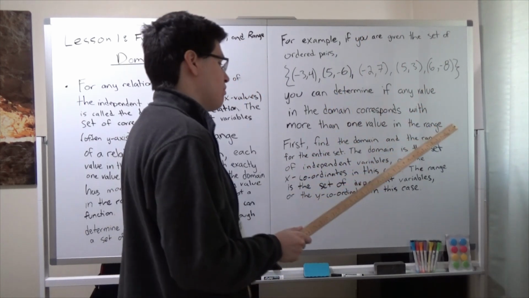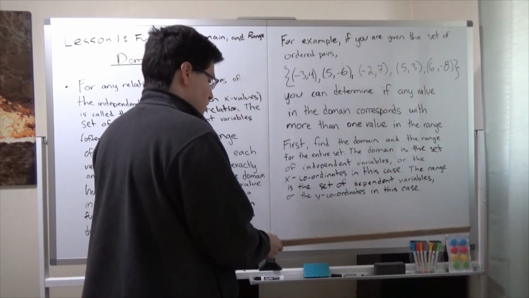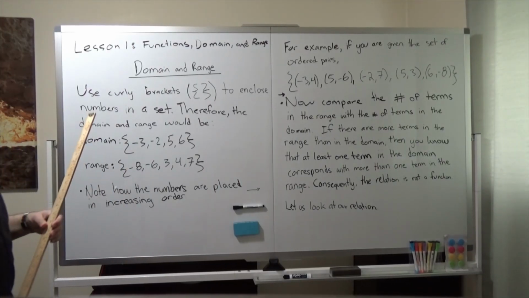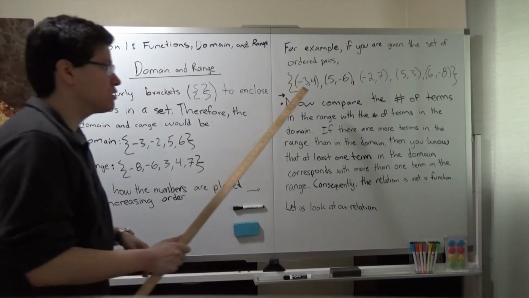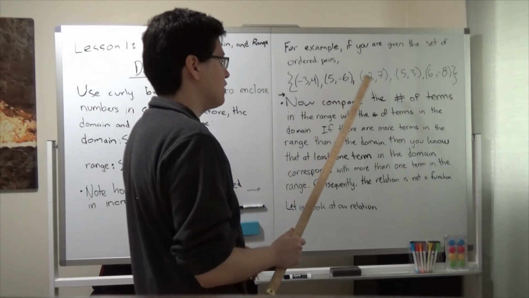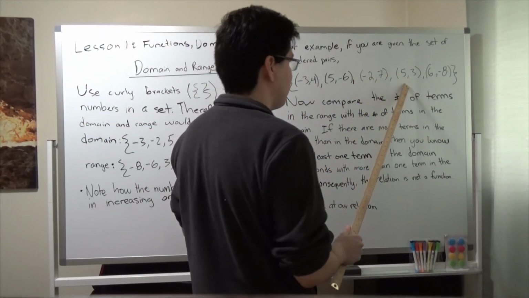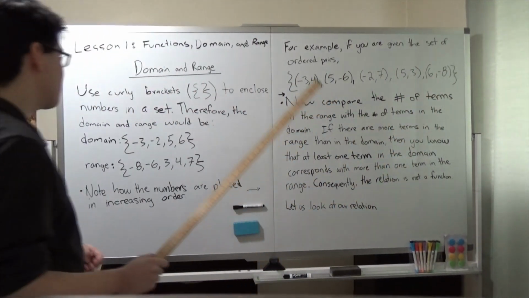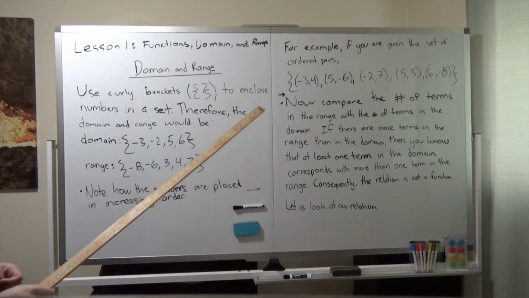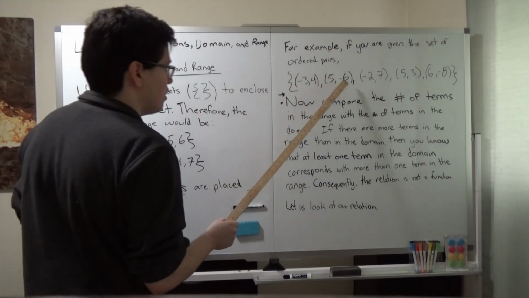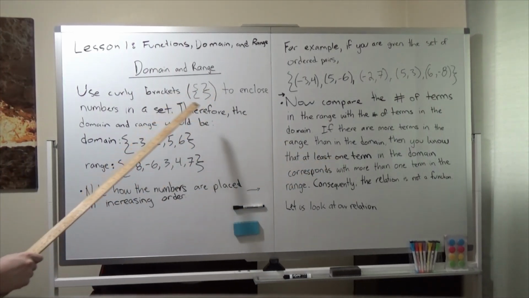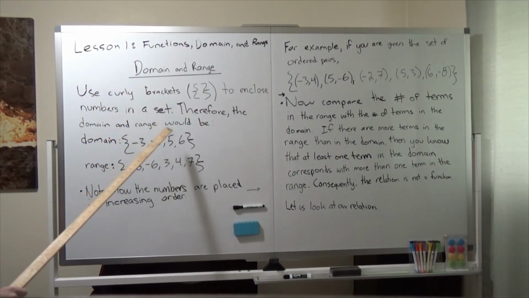So we're going to write that down now. Again, we're given the set of ordered pairs (-3, 4), (5, -6), (-2, 7), (5, 3), (6, -8), and we're going to break that down into the domain and range. Use curly brackets to enclose numbers in a set.